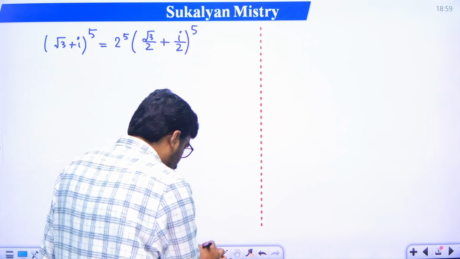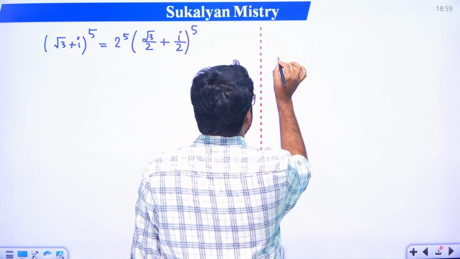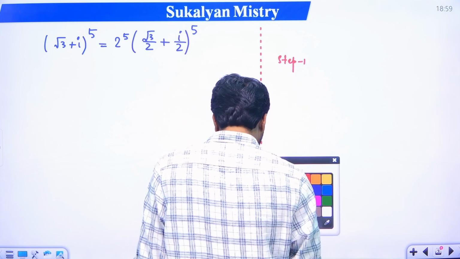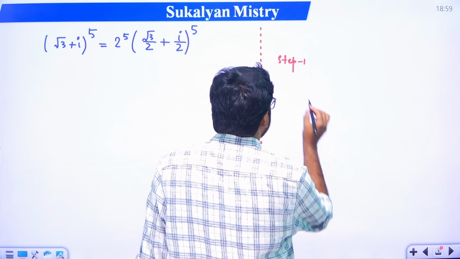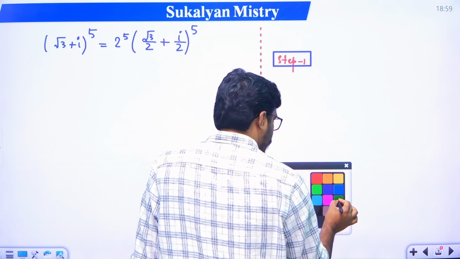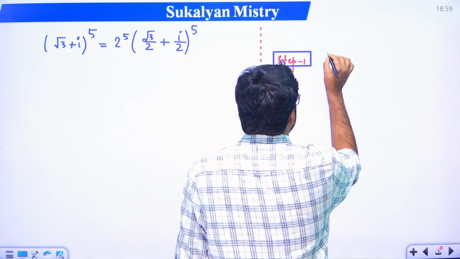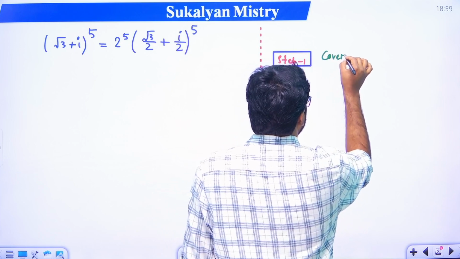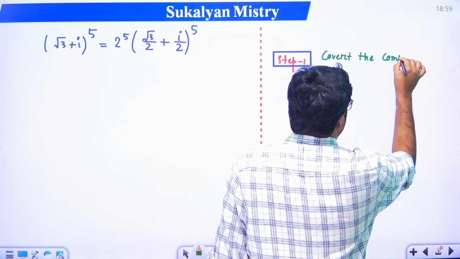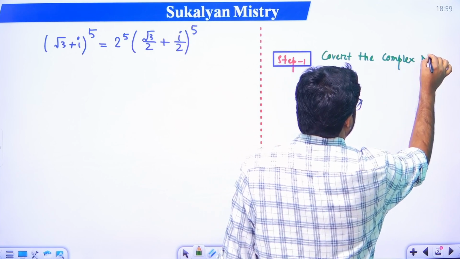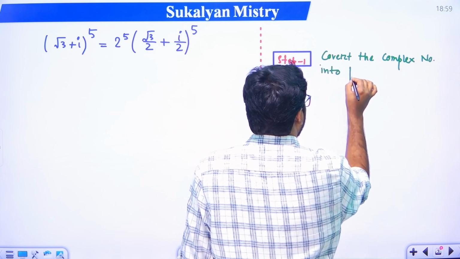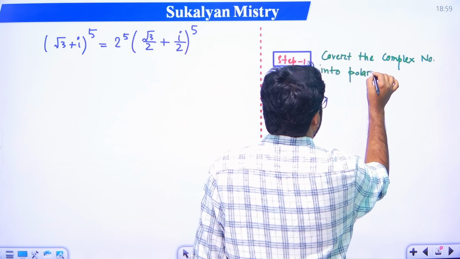So step 1, first step: convert the complex number into polar form.